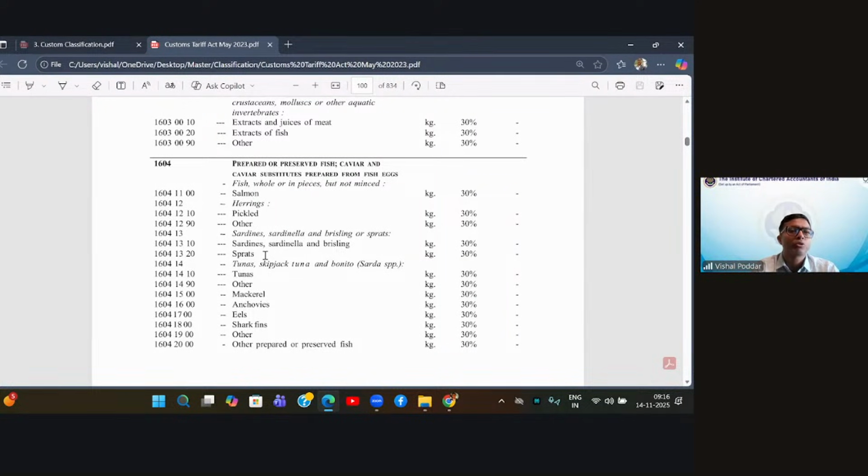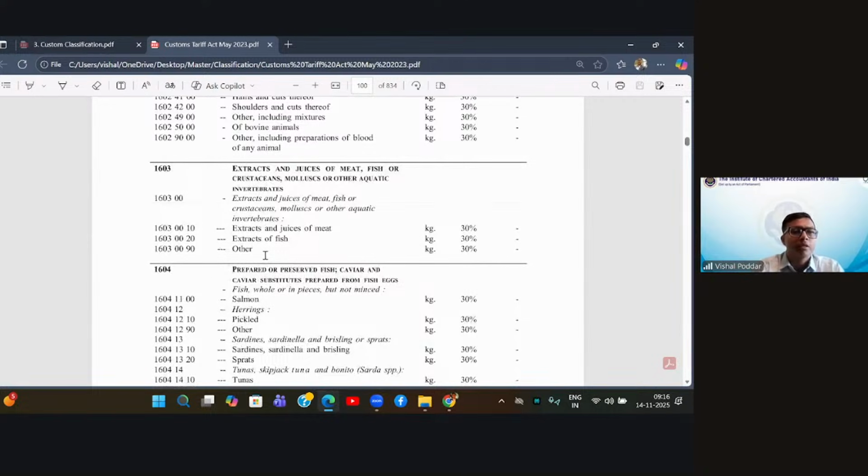So dashes are used to represent subcategories, which you can understand even from the numbers. See, this has only 4 digits because it is the main heading of the particular chapter. Within that you have 6 digits, and within that you have 8 digits. So as the numbers are increasing, what does it mean? They are giving the subcategory subheadings of that heading.